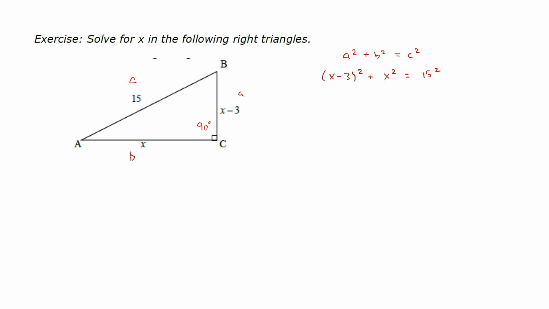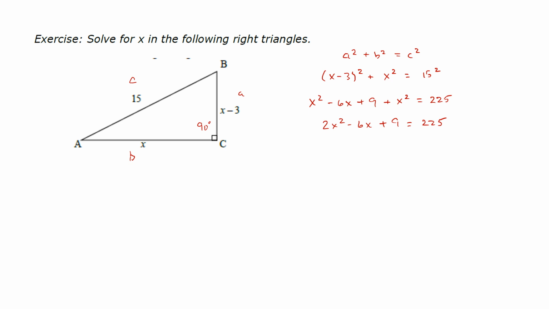So x minus 3 squared, I'm going to have to use FOIL to distribute. So I'll get x squared minus 6x plus 9. Then I still have my x squared. And then 15 squared is 225. I can combine like terms. So I'll have 2x squared minus 6x plus 9 equals 225.